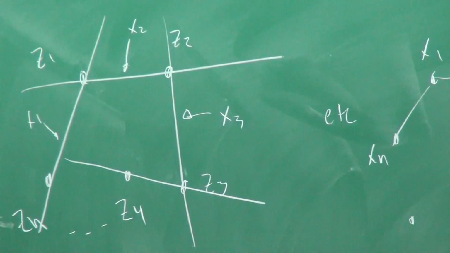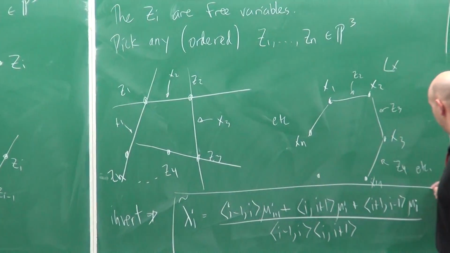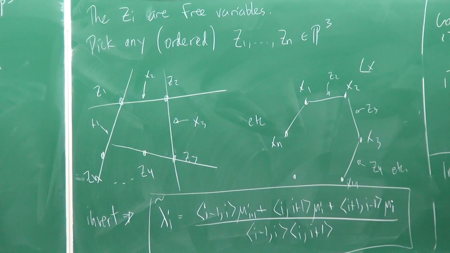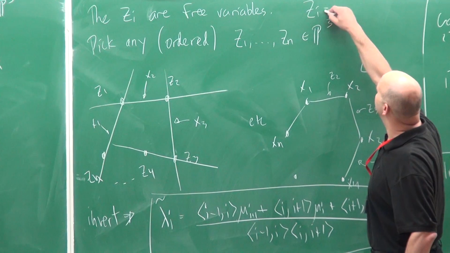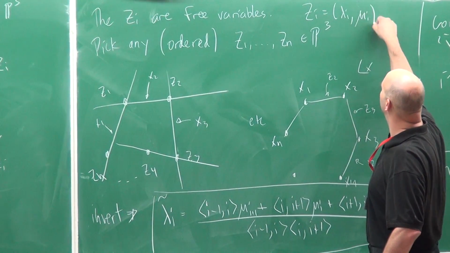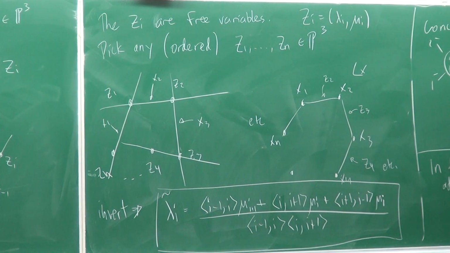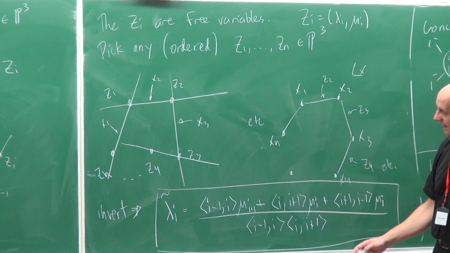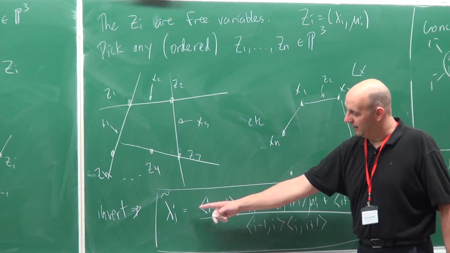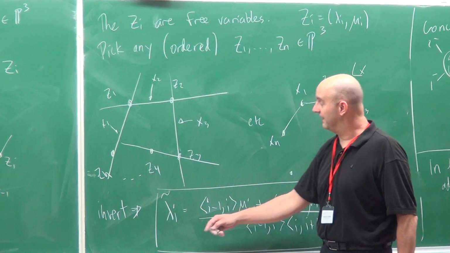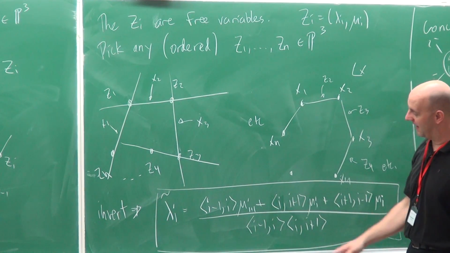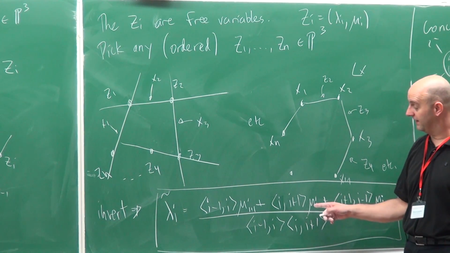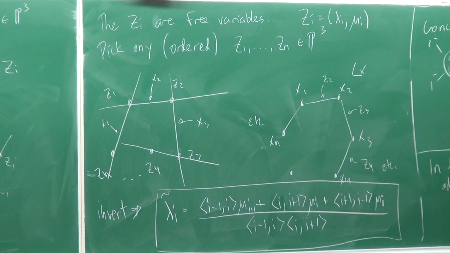You can invert this construction, and the point is, if you pick an arbitrary collection of z's, remember that I have decomposed z into lambda I comma mu I. So if you give me n arbitrary points in P3, if you invert this construction, you can check that the lambda tilde associated with a given momentum twister zi is given by this formula in terms of the mu coordinate of it and its two cyclic neighbors.